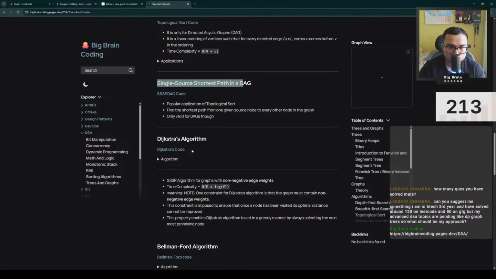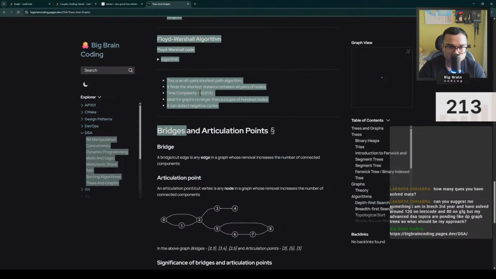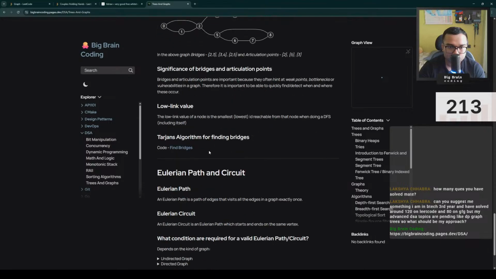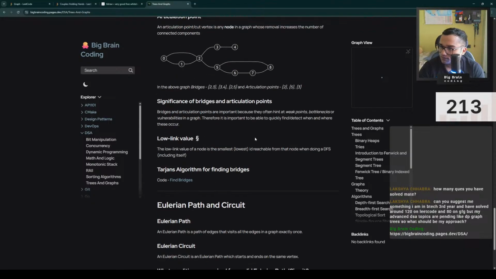Single source shortest path, Dijkstra's, all kinds of algorithms. This is advanced, so skip this first. Yeah, this is also important. So just study and do questions. That's the technique.